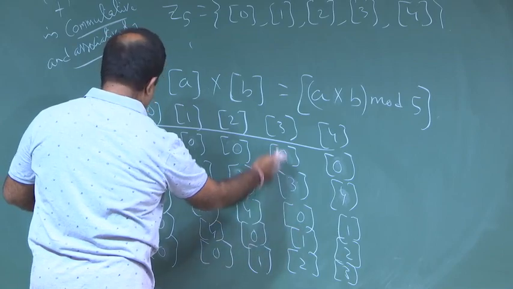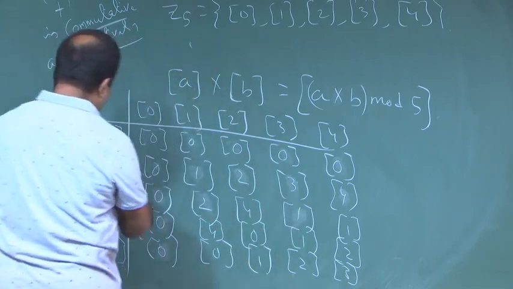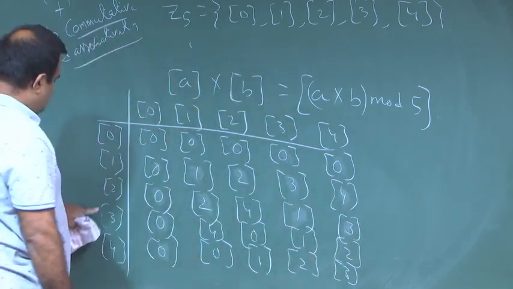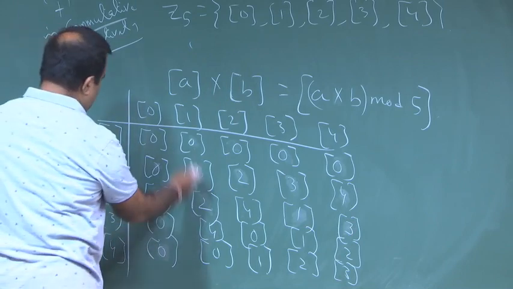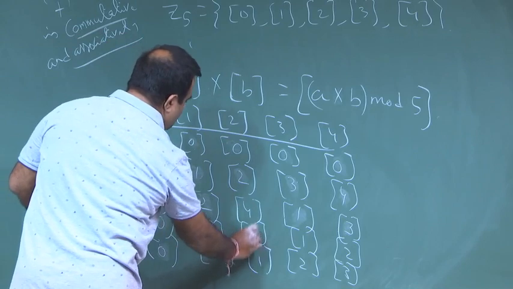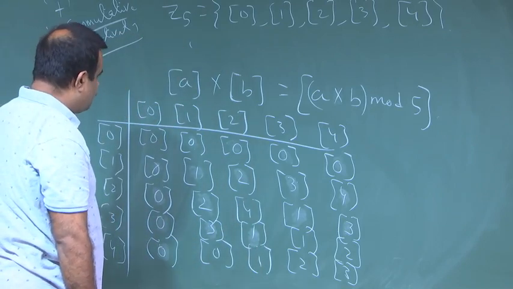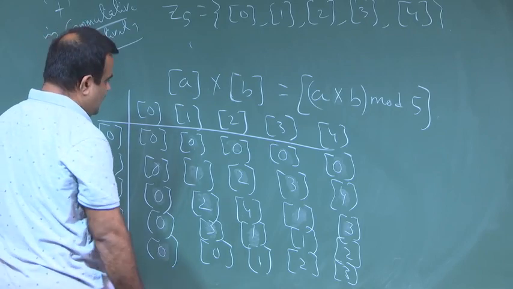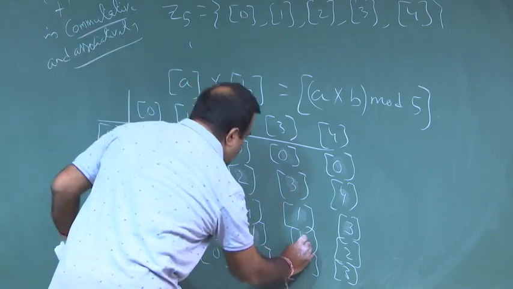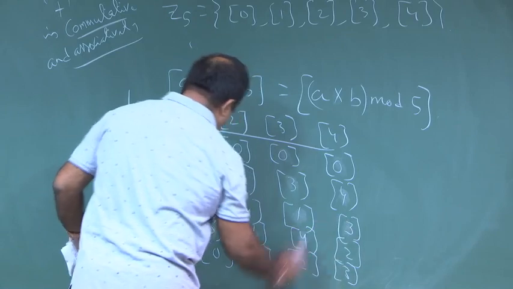And 2 into 3 is 6, 6 mod 5 is 1, and 2 into 4 is 8, 8 mod 5 is 3. Then come here. This is 0, this is 3, this is 6, 6 mod 5 is 1, and then 3 into 3 is 9, 9 mod 5 is basically 4, and then 12, 12 mod 5 is 2.